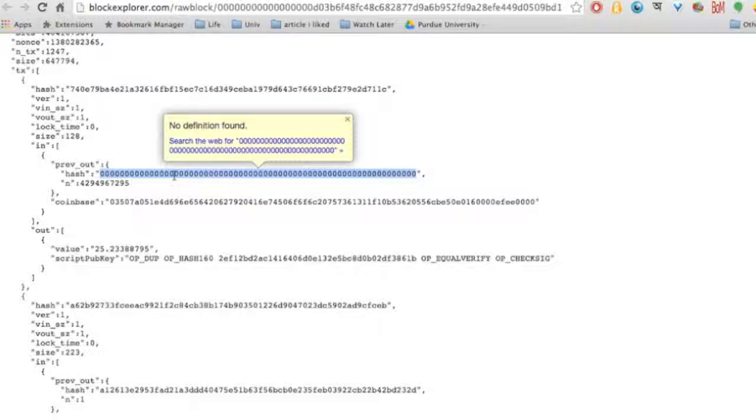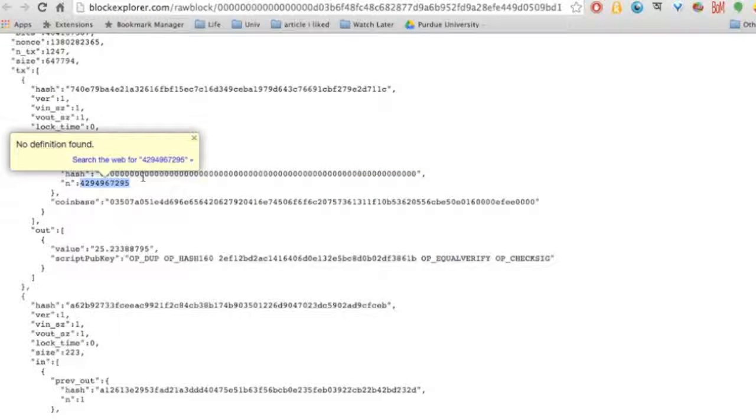Basically, this transaction is related to the Bitcoin mining reward. The entity or the miner who has become successful in solving the mathematical puzzle to create this Bitcoin block has been rewarded by this transaction.